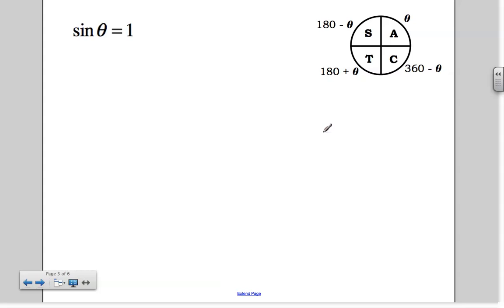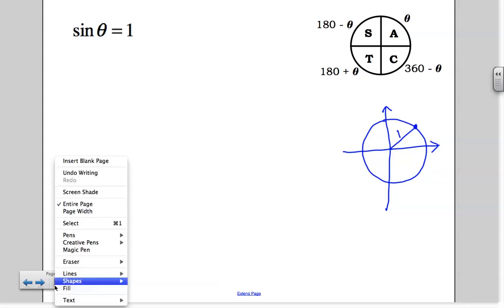So here, sine theta equals 1. If we go back to when we first introduced the unit circle, it's called the unit circle because it has radius 1. Let's put on our circle where the circle crosses the axes, and write down what the points are.